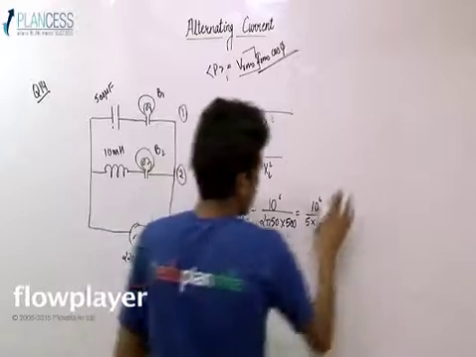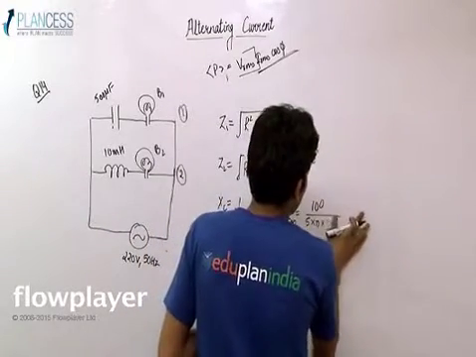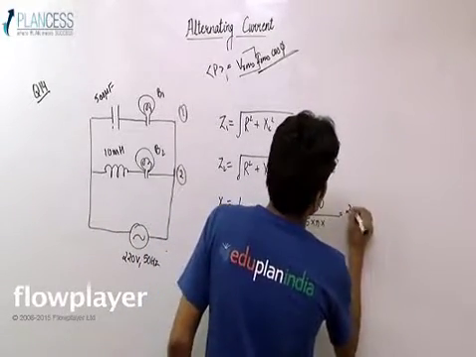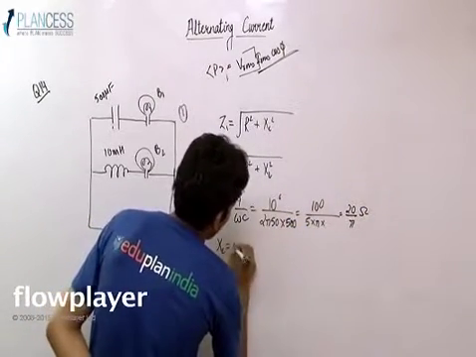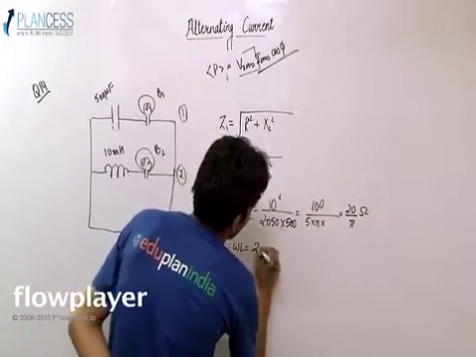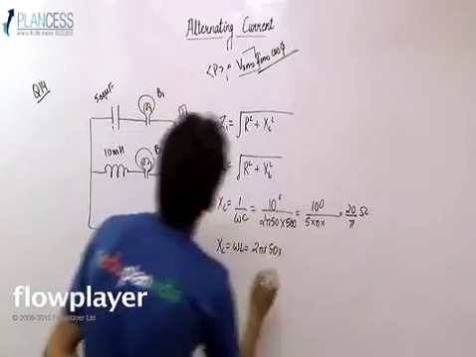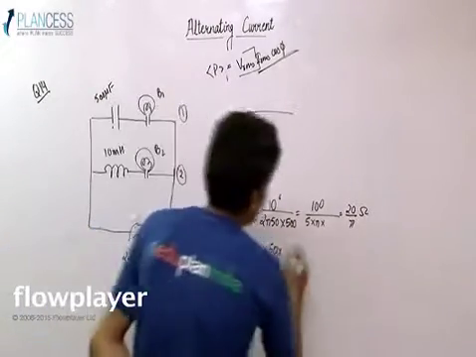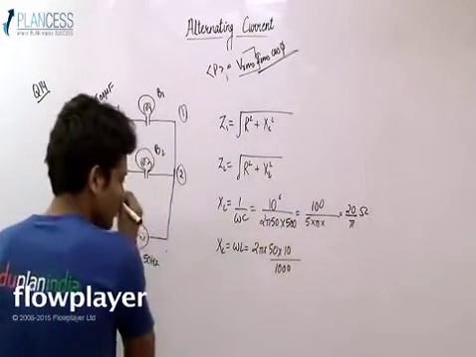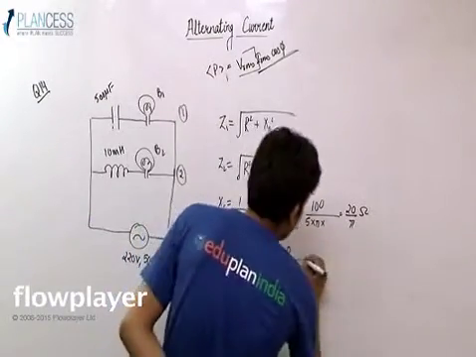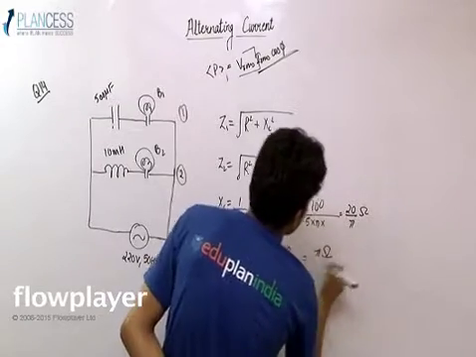And so this would become 100 upon this, and this would become 20 by pi ohm. And XL would be omega L, which would be 2 pi into 50 into L, which is 10 millihenry, so 10 upon 1000. So this would come out to be pi ohm.